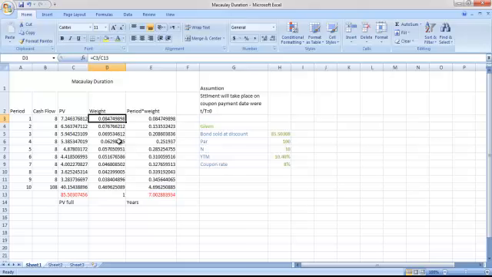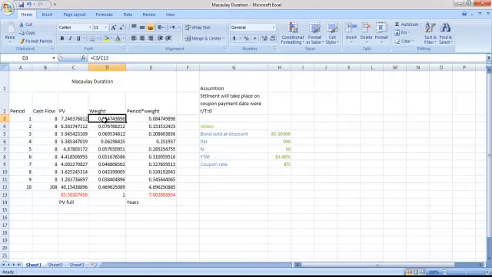The weight: how to calculate the weight? The weight is simply equal to C3, which is the PV of the discounted cash flows, divided by the 85, the total.